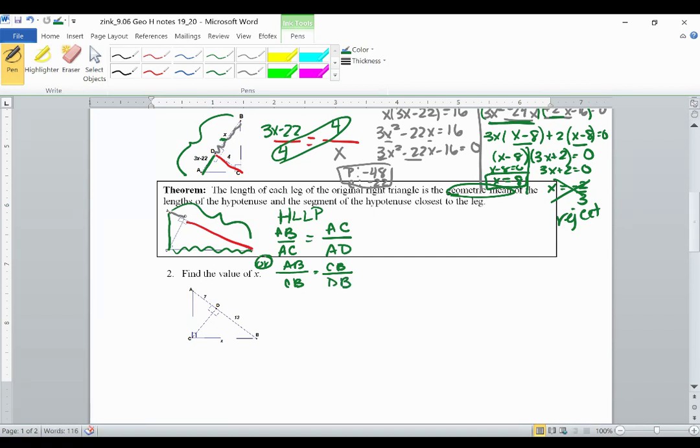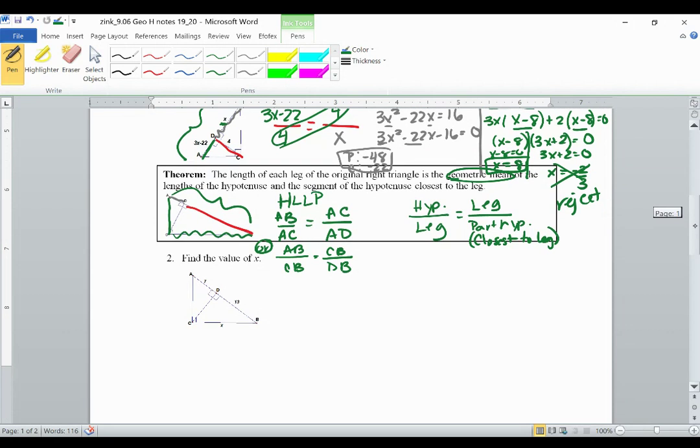So what HLLP stands for is your hypotenuse, and again, always of the largest triangle, over the leg equals that leg, same number again, over the part of the hypotenuse closest to the leg that you're talking about.